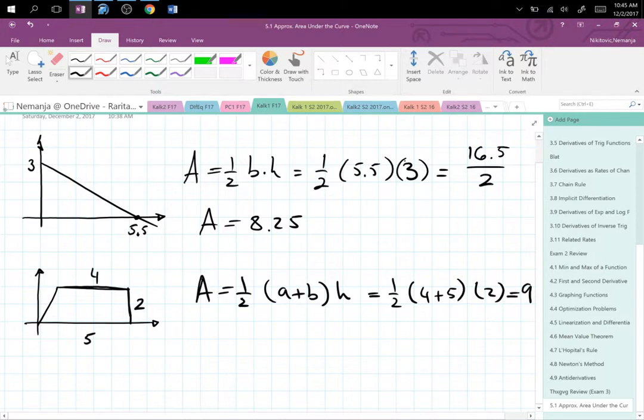You can see that area is 9 easily on this picture, because you have 1, 2, 3, 4, 5, 6, 7, 8, and then these two together make a 9th square, so you have 9 square units. So that does work.